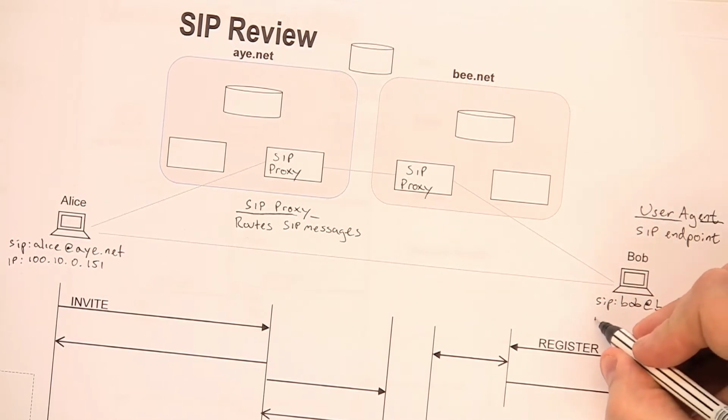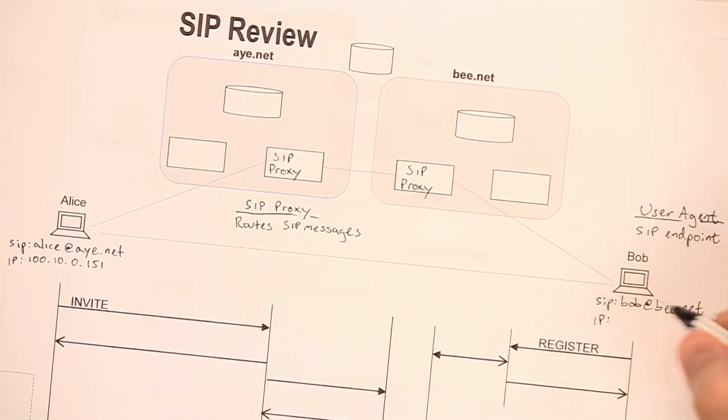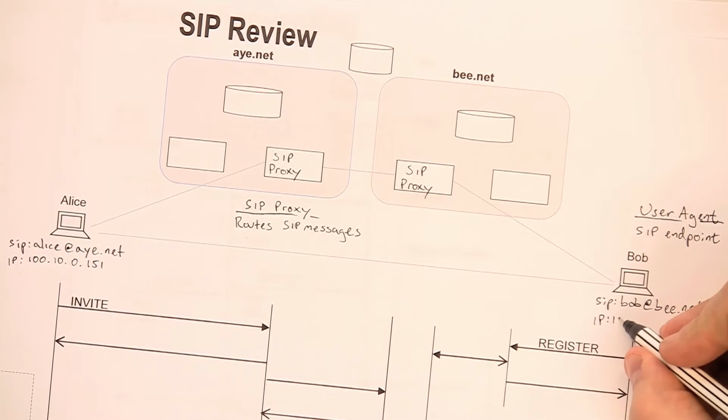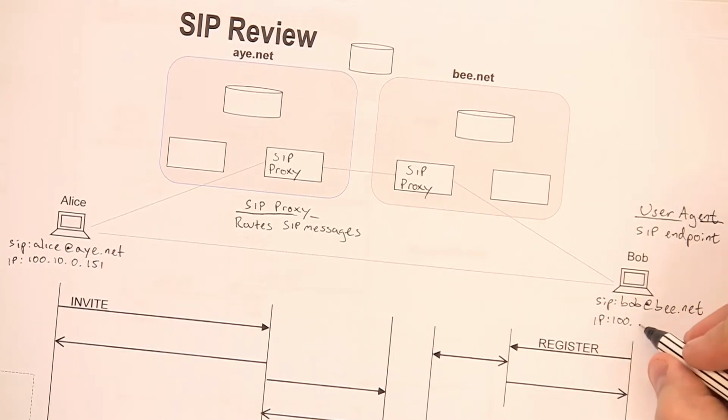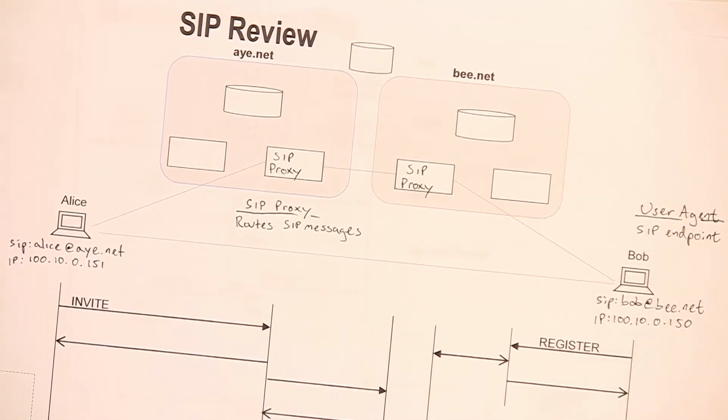And Bob has an IP address as well: 100.10.0.150. They have to have different addresses, otherwise we will have an IP conflict. All right, so fair enough.